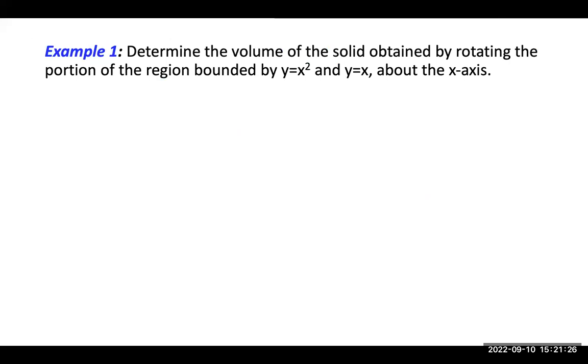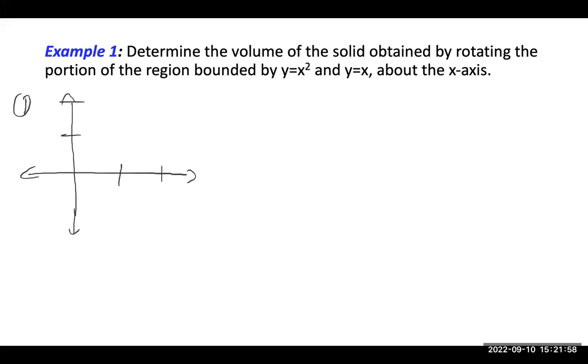All right, let's take an example. We want to find the volume that is bounded by y equals x squared, y equals x, and it's rotated about the x-axis. Step number 1, we need to graph the region. So far, we've been given the bounds for these functions or for these regions, but there are going to be times where they don't give you the bounds.